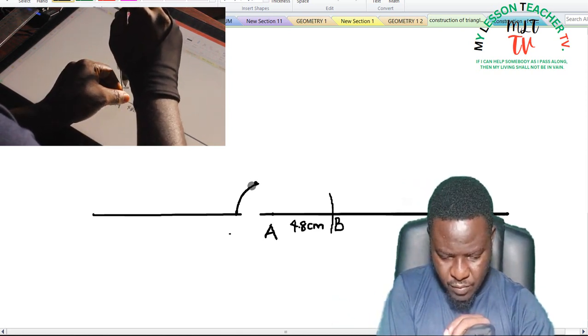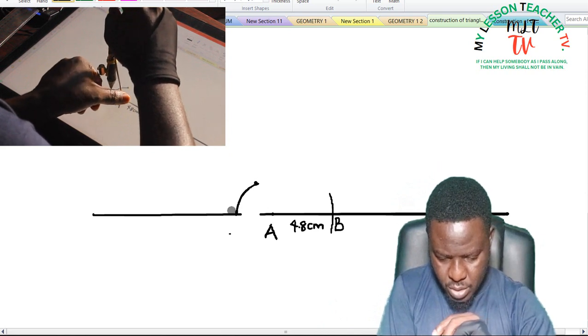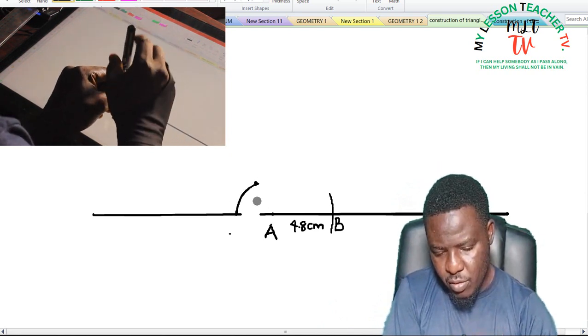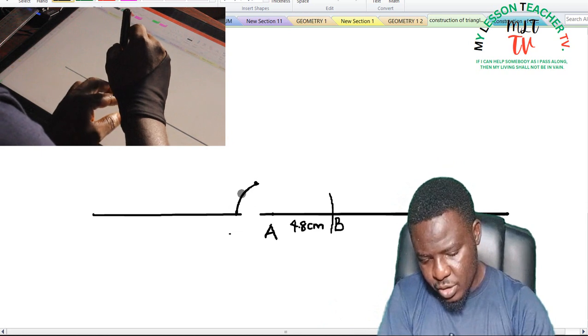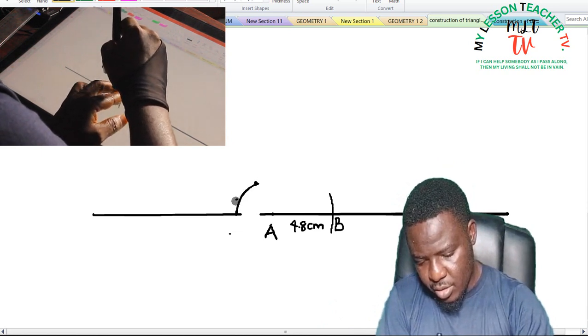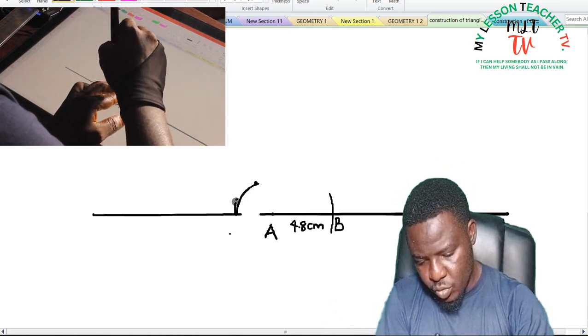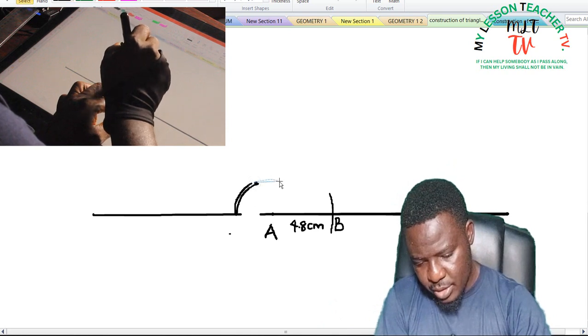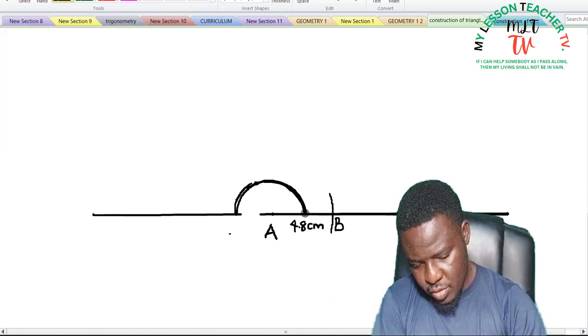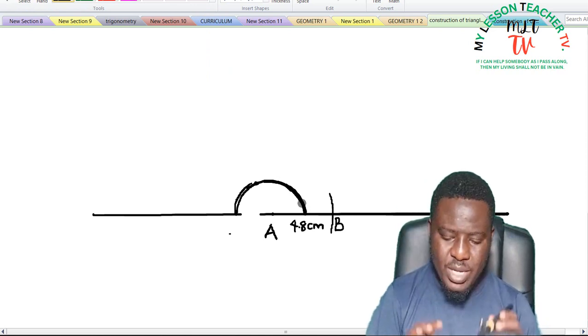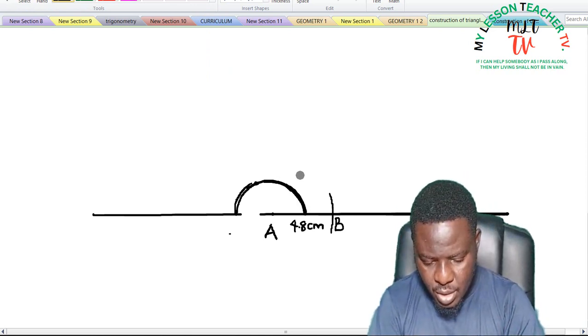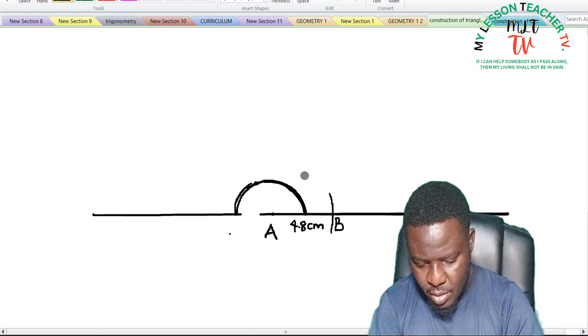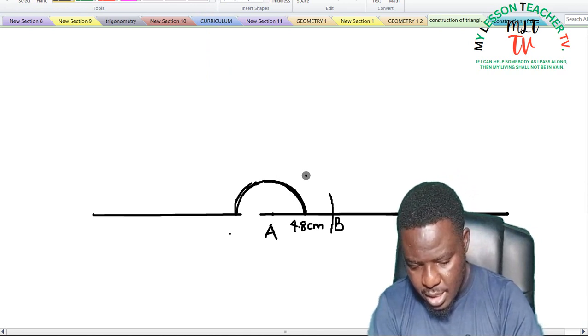Now it seems to be difficult doing this because I'm making use of my pen, which is not held correctly to the protractor. So mine is going to be a sketch, but ensure yours is accurate. With that same radius, with this as center, construct another arc.